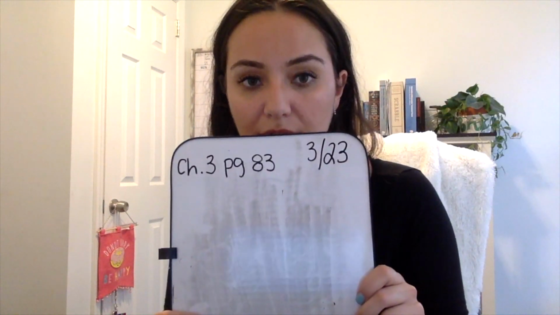And then I want you to put chapter, so CH dot, chapter, I believe this is chapter, let's see. This is chapter 3, page 83. Okay, so I want your notebook to be labeled like that.